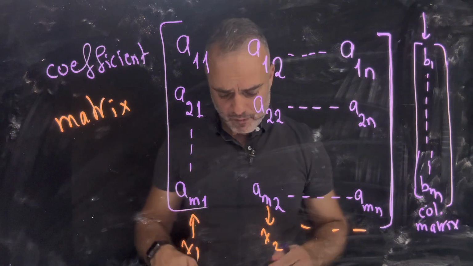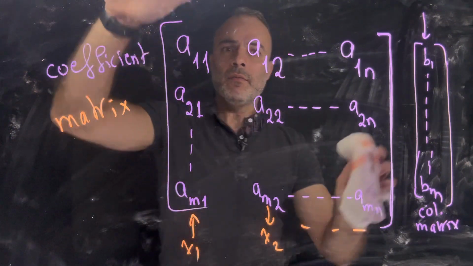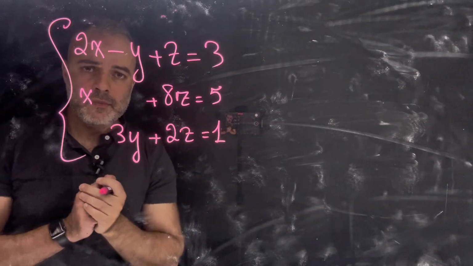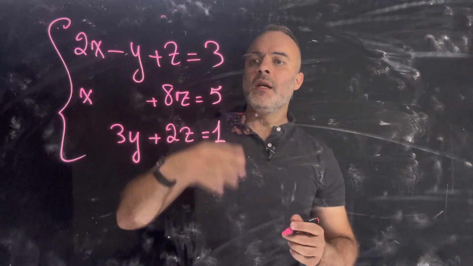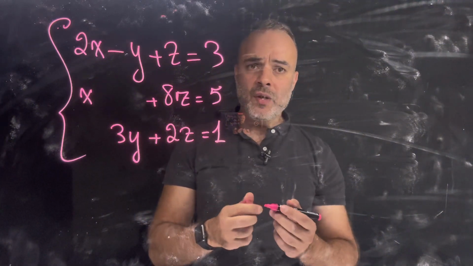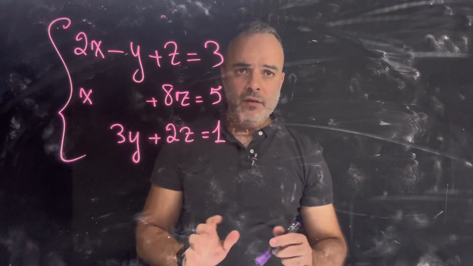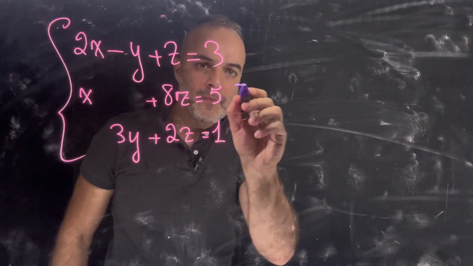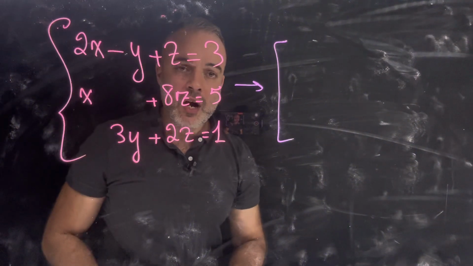Okay, perfect. Let me show you one numerical example now. Let us consider this system. This is a linear system. 2x minus y plus z is equal to 3, x plus 8z is equal to 5, and 3y plus 2z is equal to 1. Let us write it as an augmented matrix, right? All right, how we do that? Well, as I said, I just copy the coefficients, right?